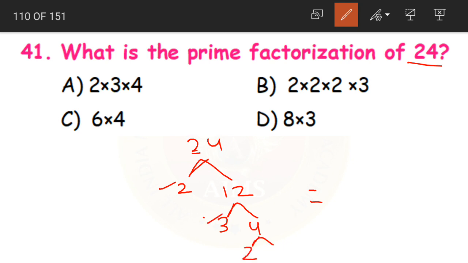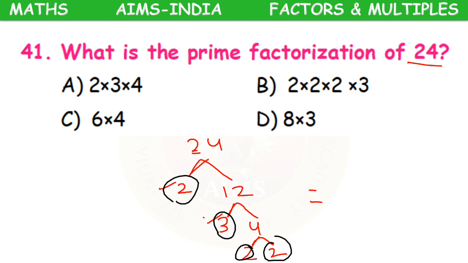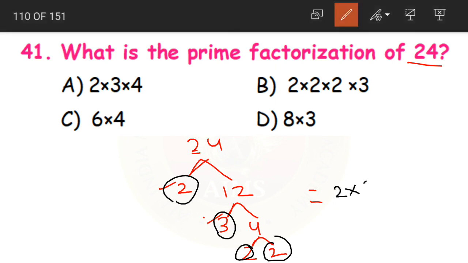So again splitting 4 as 2 into 2. Now we are left with all prime numbers. What should we write? 2 into 3 into 2 into 2. What is the prime factorization? 2 into 3 into 2 into 2. Only pick up the prime numbers from the given factor tree. Now which of the options is matching this?